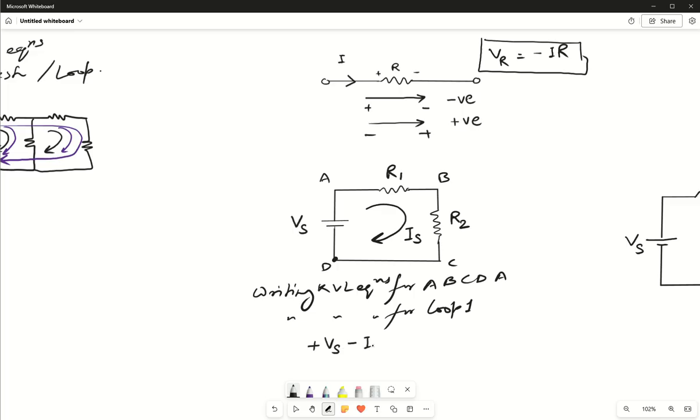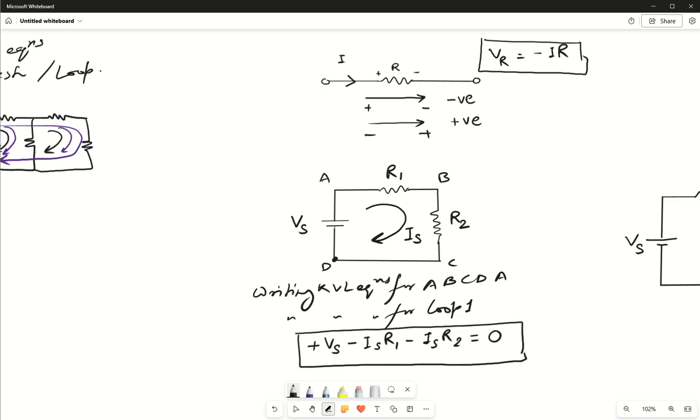So minus Is into R1. Next, for R2, it will be minus Is into R2. Then coming back to point D, there is no other voltage drop, so it equals 0. This is our equation for this loop.